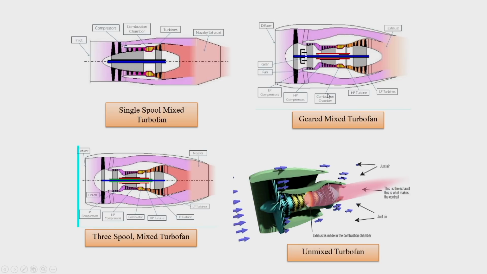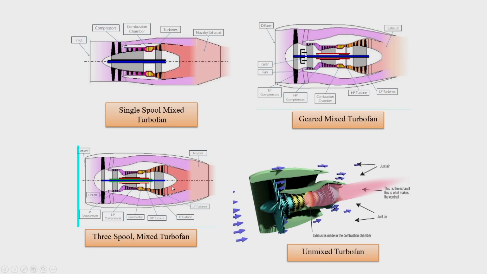This is a 2 spool arrangement with gear, and this is a 3 spool arrangement where one of the turbines rotates the fan directly. The gas passing over the fan gets compressed initially, then expands and creates its own thrust, and there is gas going through the inside, getting combusted and creating its own thrust.